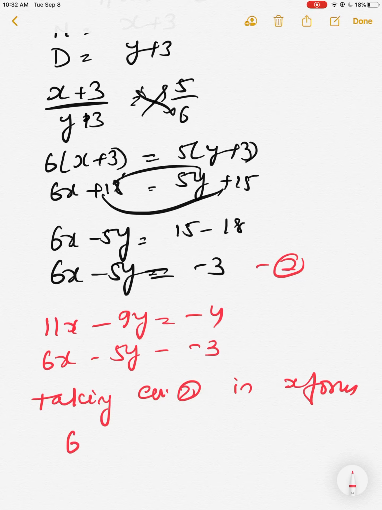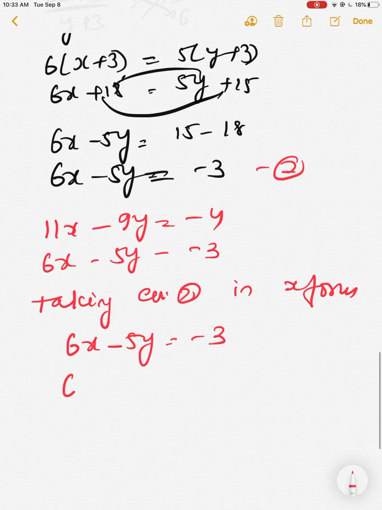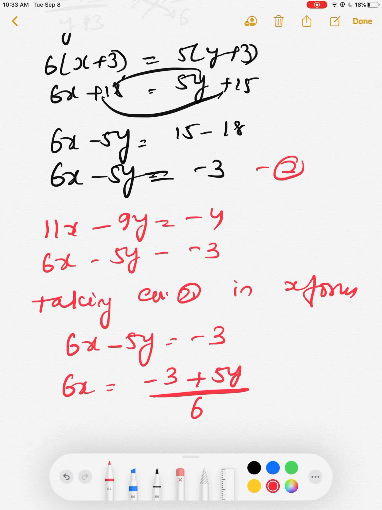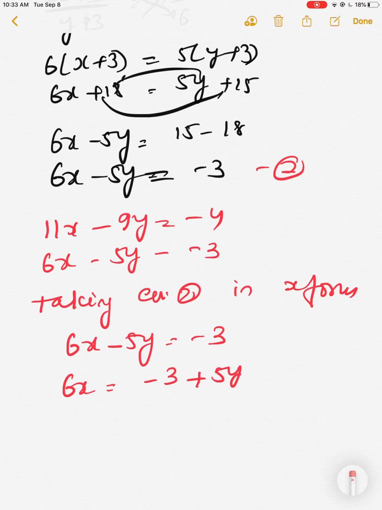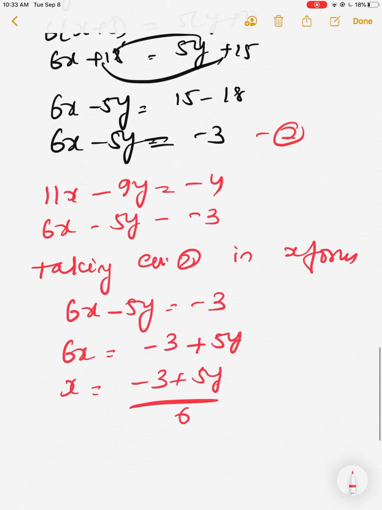What is equation 2? 6x minus 5y is equal to minus 3. So 6x is equal to minus 3 plus 5y. Now x is equal to minus 3 plus 5y upon 6.